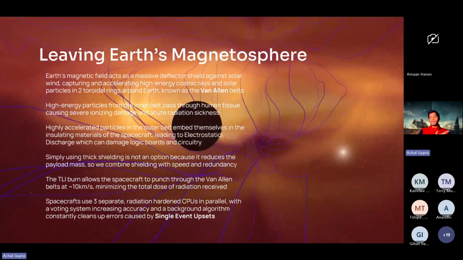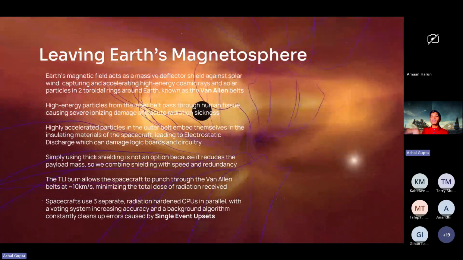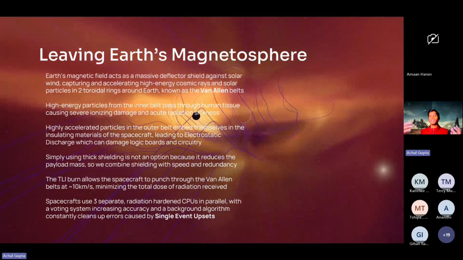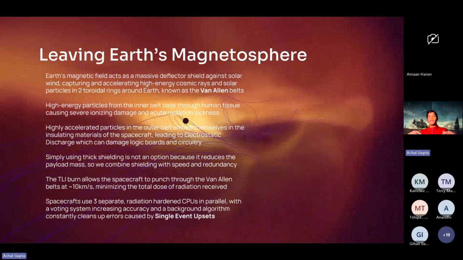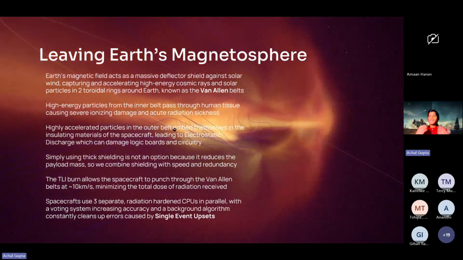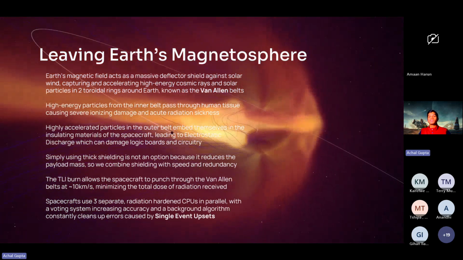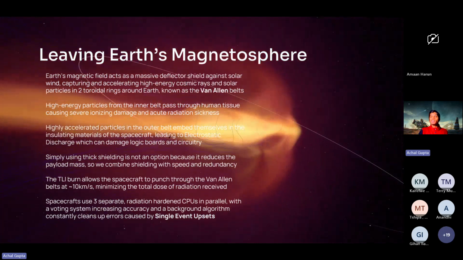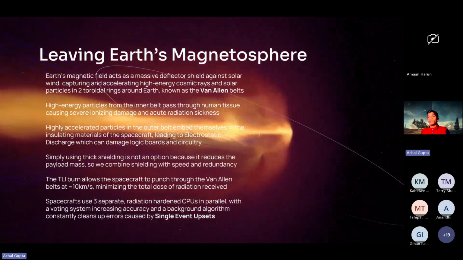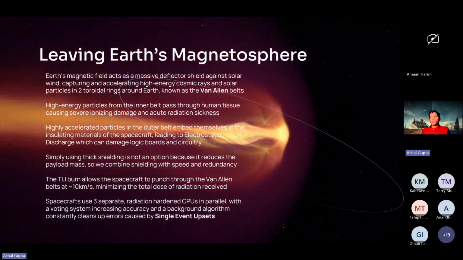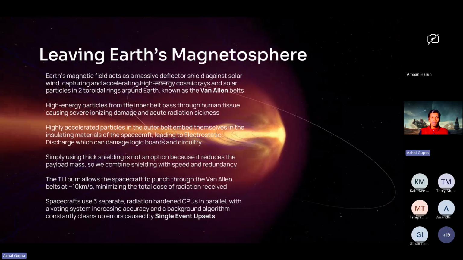The Van Allen belts, essentially, which are donut-shaped rings around the Earth, trap a bunch of the cosmic radiation and solar radiation that hit Earth's magnetosphere, and they create an area of higher radiation. So satellites in the Van Allen belts can suffer a lot of damage, as well as spacecraft, because both the electronics of the spacecraft as well as the crew on board can experience radiation exposure that can cause damage to, well, their health or the ship's health.